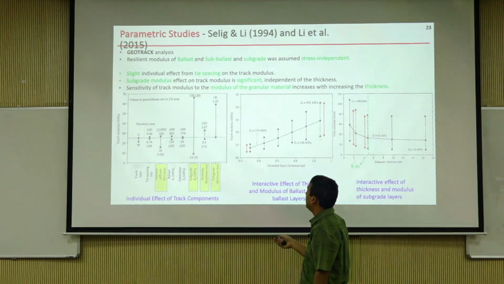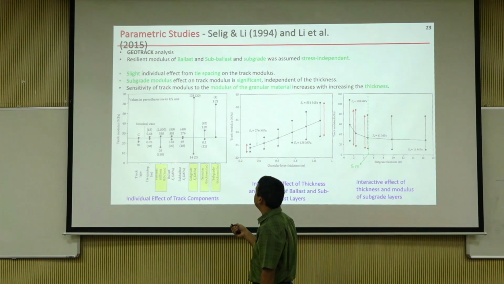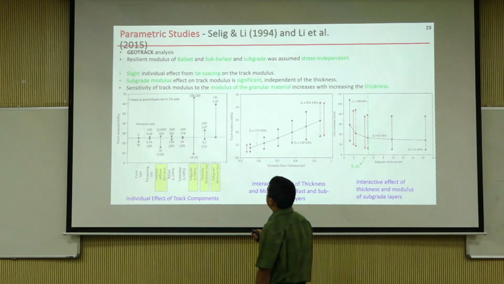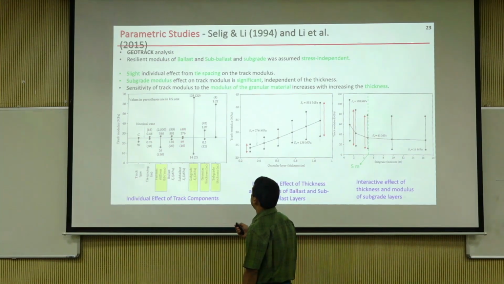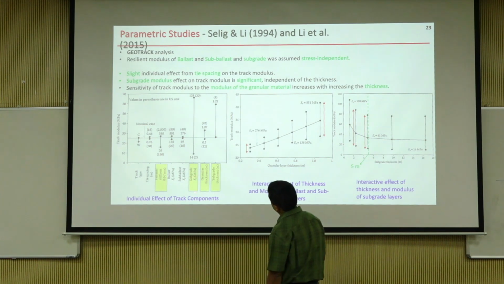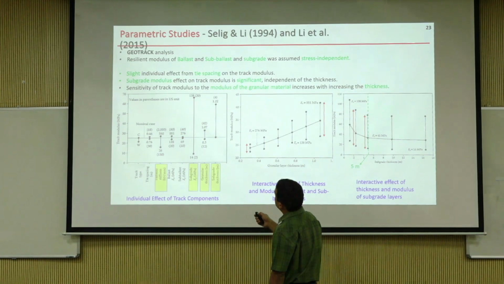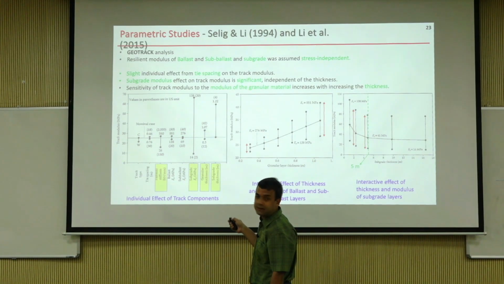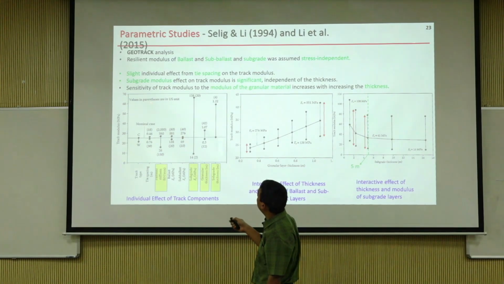Ballast modulus in megapascals, so 20,000 psi versus 80,000 psi, or 138 megapascal to 551 megapascal. Subgrade modulus, 10 ksi to 40 ksi. Look, subgrade has a huge component because there is a lot of variation that happens. It has a big effect on track modulus.